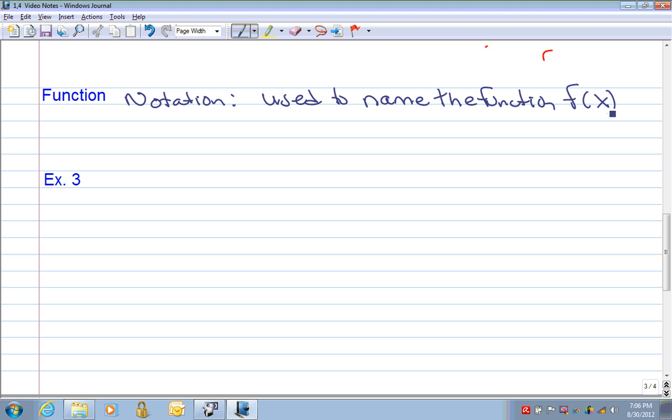Since y is a function of x, that's why y can now equal the name of the function, f of x.